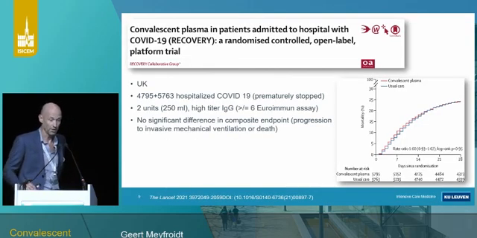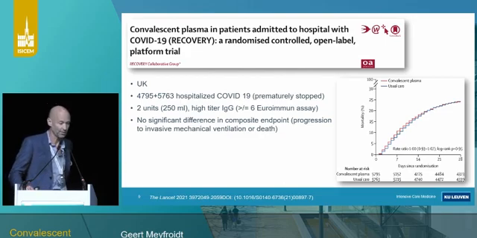And then the large platform trials also studied the intervention. First of all, the RECOVERY trial, 2 units of high titer IgG plasma, more than 10,000 patients, and the study was prematurely stopped for futility because there was no significant effect on the composite endpoint.